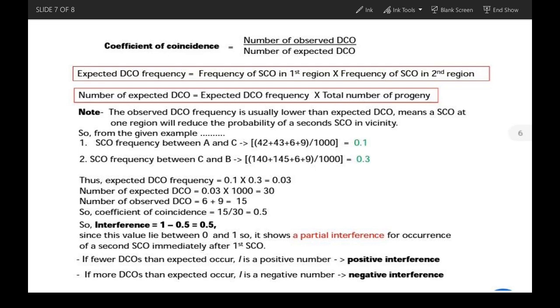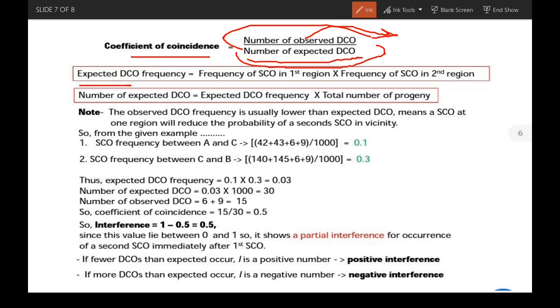Now there are some other formulas you need to remember in order to solve such questions. Coefficient of coincidence is equal to the number of observed double crossovers divided by the number of expected double crossovers. Now we already know the number of observed double crossovers, but how will we find the number of expected double crossovers?